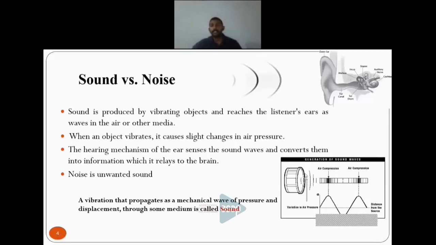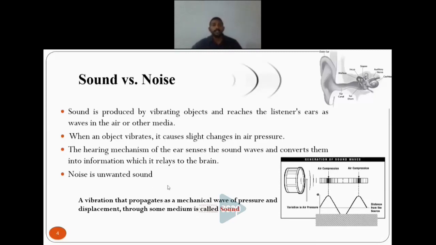As a result, the air in contact with the surface of the drum will move this way, and the air will compress. That will produce a positive wave, here. And when the wave reflects back, the air is released. That is the negative pressure shown in this graph.